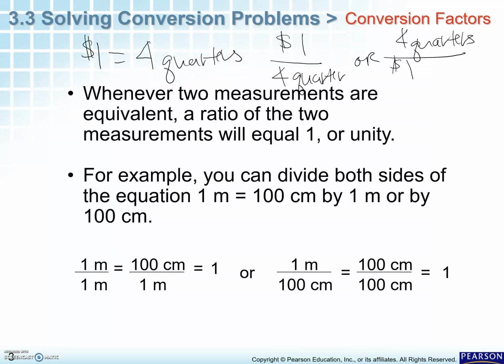When you apply this to your scientific measurements, you'll see something like the following: 1 meter is equal to 100 centimeters over 1 meter. This is exactly like the example of 4 quarters over $1.